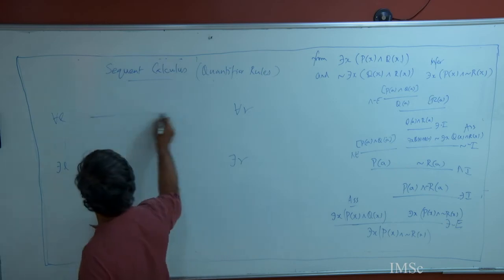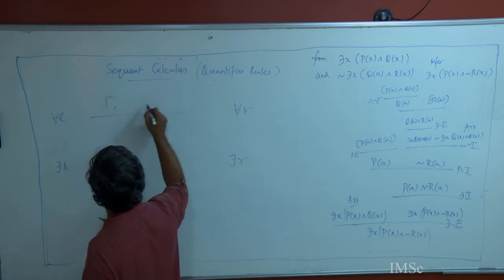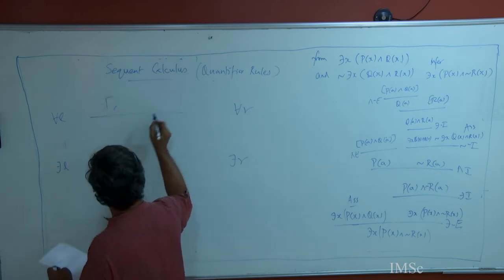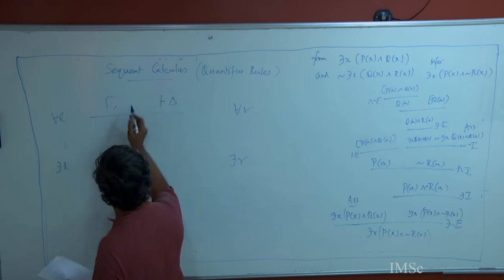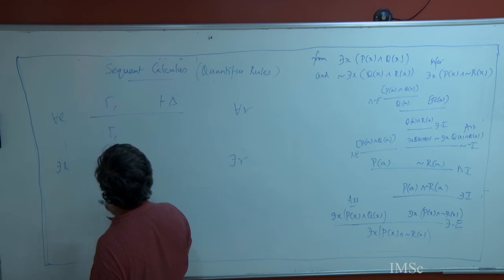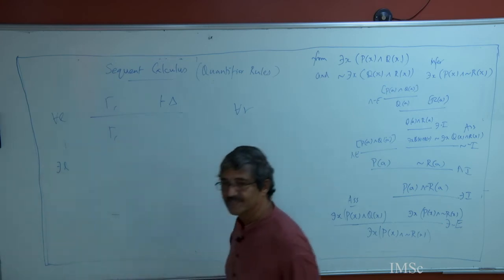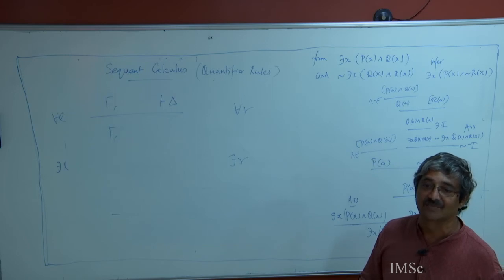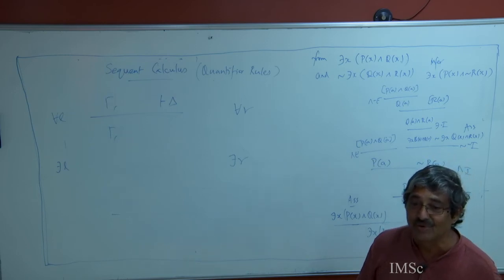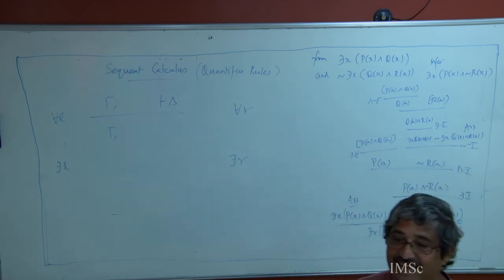You have a gamma and delta. So how does this go? Remember that in the sequent calculus, what is very nice is that there is no introduction and elimination, right?